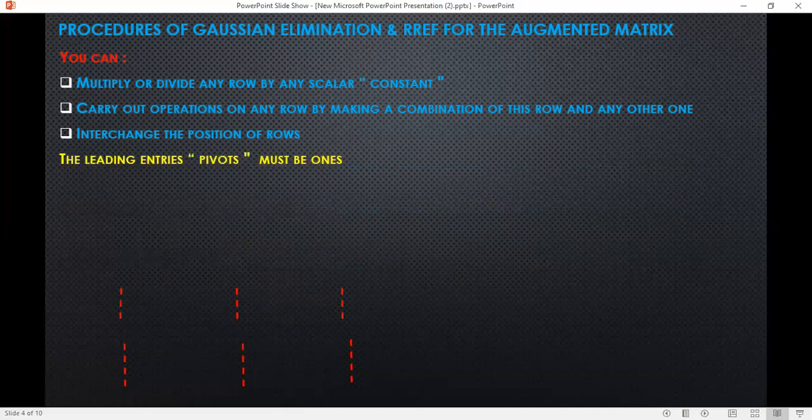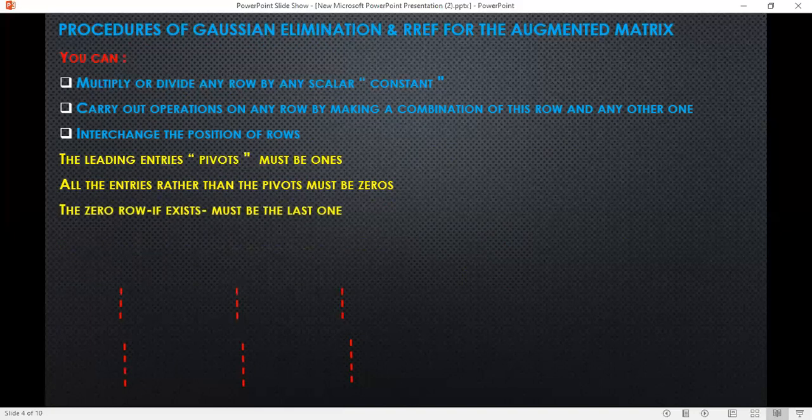Also, the leading entries are called the pivots. They must be ones. All the entries other than the pivots must be zeros. The zero row, if it exists, must be the last one.